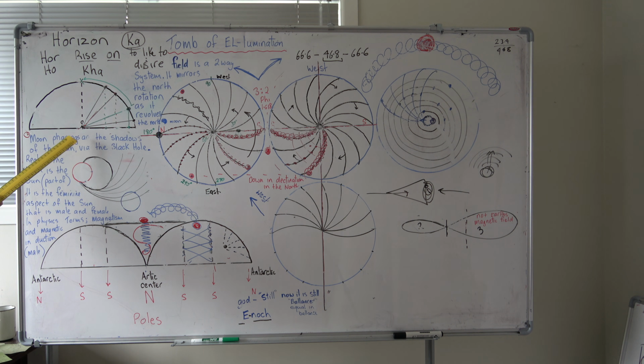So back to the moon phasing. Moon phasings are the shadows of the sun via the black hole. Realise the moon is the sun, or part of, because it's the female entity of the male. But the sun is male and female. And the stars are showing us signs, separation, showing us the females being separated from the male, just like in our physical world.